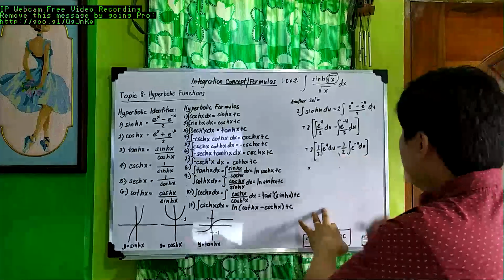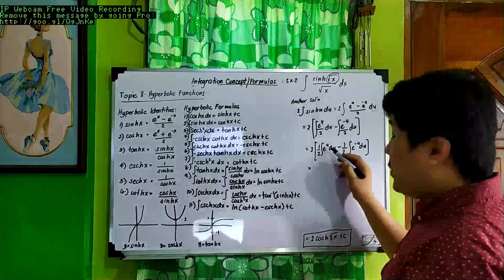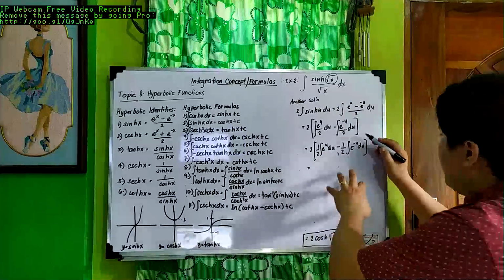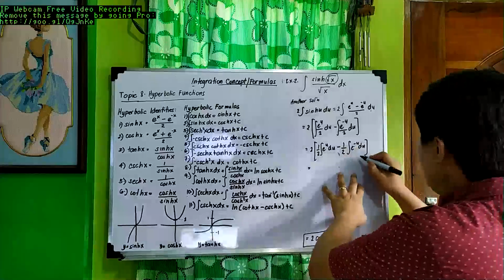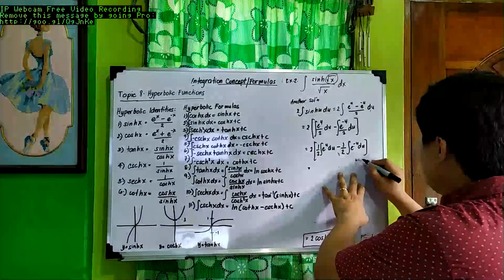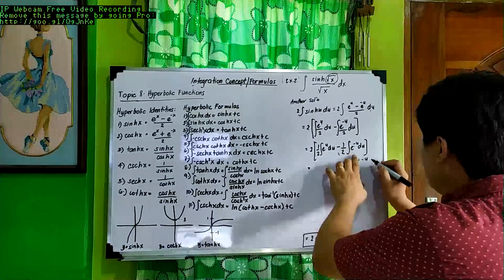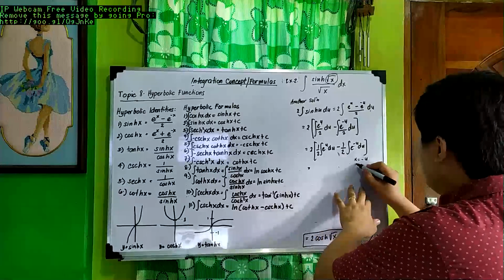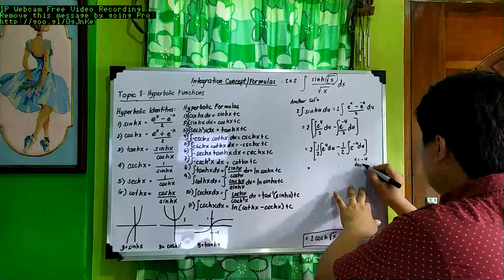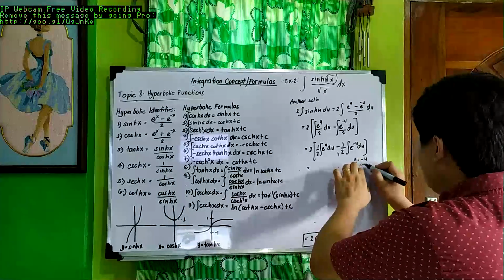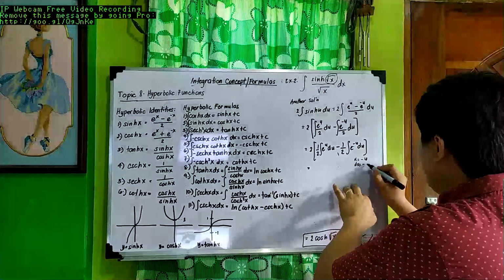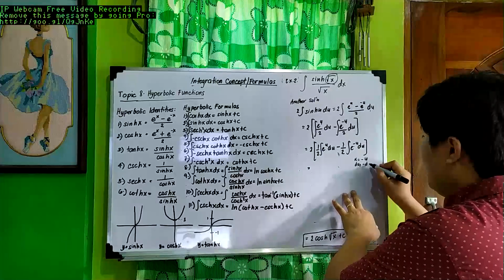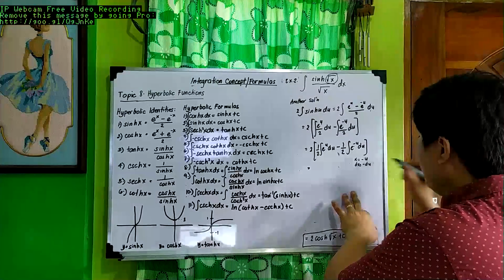Okay? So, the integral of e^u, we know that is still e^u. But here, because there's a negative, we need to get our u as negative u, or let's say the natural log of x. Your du is negative dx, that is negative du.